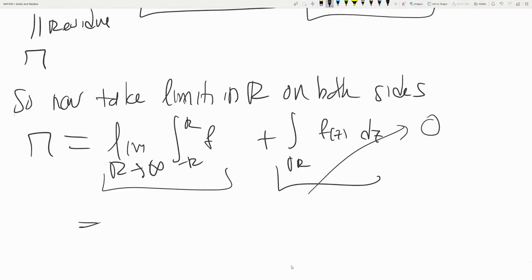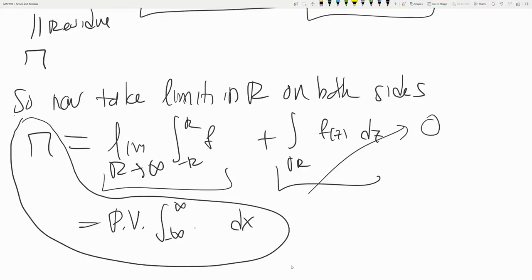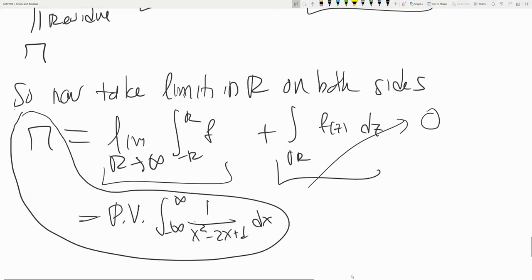And this guy, we define it to be the principal value. And that's it. We found that the principal value of our function is pi. Okay, so let me write down what the function was. dx. Okay, so that's that.